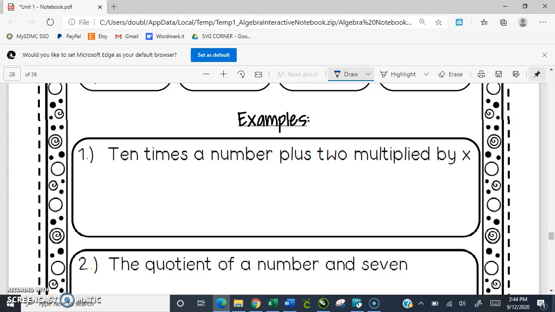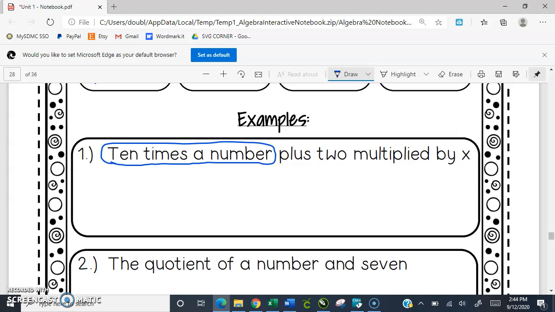So let's go through a few problems. First one says 10 times a number plus 2 multiplied by x. Okay, so we have 10 times a number.